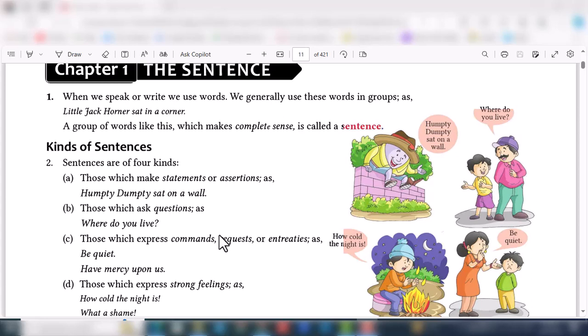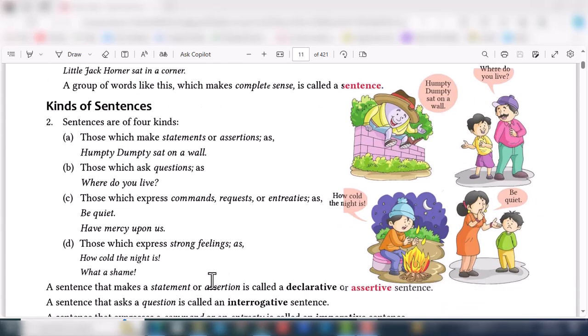Then the next sentence type is imperative sentences, which express commands, requests, or entreaties, such as be quiet, or have mercy upon us. And those which express strong feelings are exclamatory sentences.